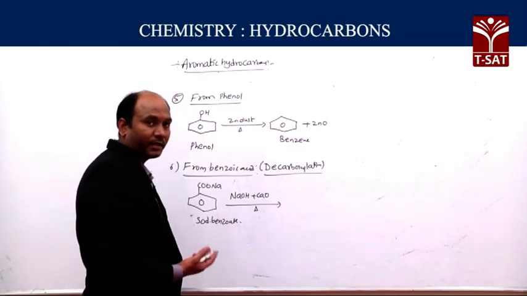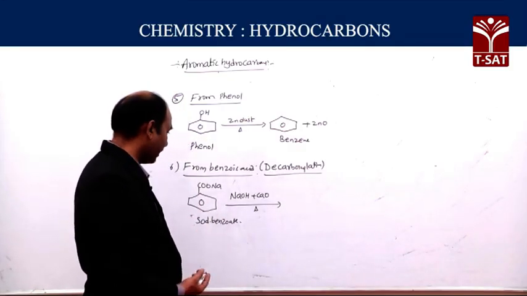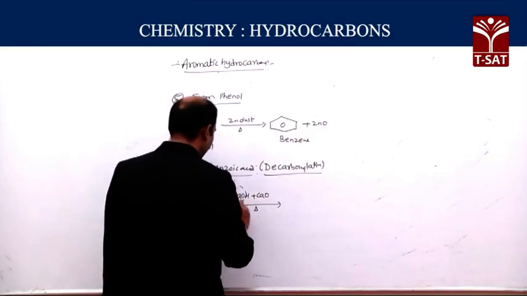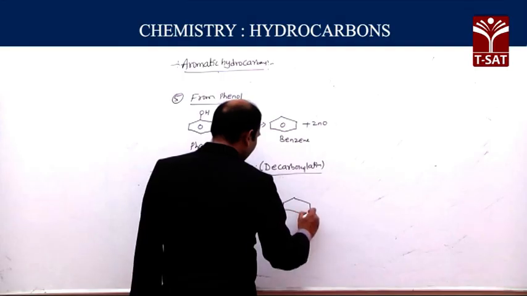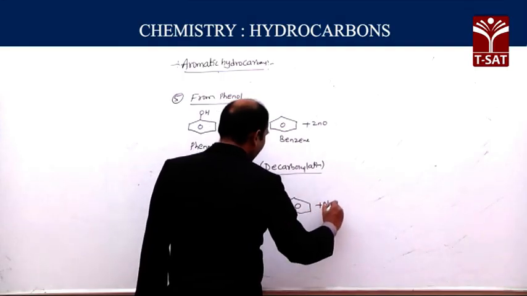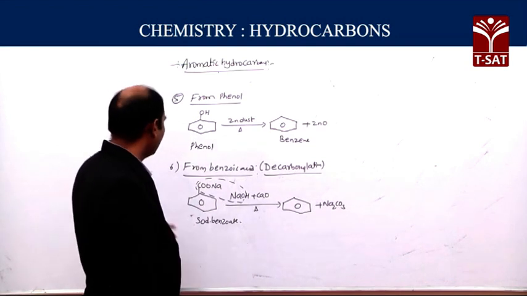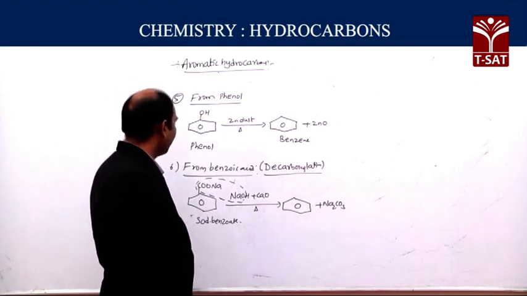We have already discussed this mechanism in alkanes. So decarboxylation takes place, elimination of this group occurs, and we get benzene plus Na2CO3.